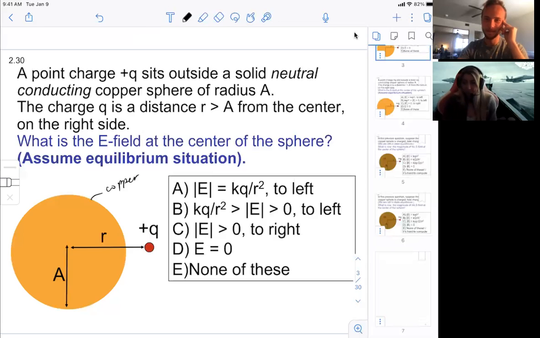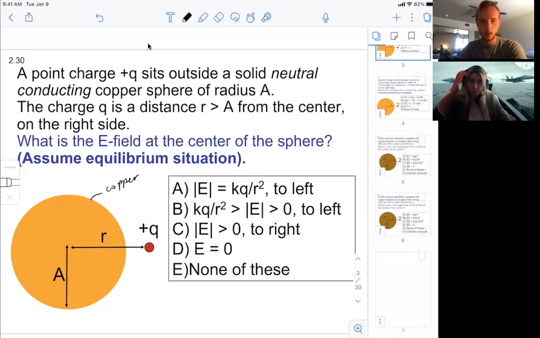When there's a charge outside, there's an E field inside the conductor. The charges will move to counterbalance that field and reach equilibrium. Okay, very good. The important thing is that this is an equilibrium situation, which means that if the charges were moving, they have already moved to the proper place. So how come the E field is zero?